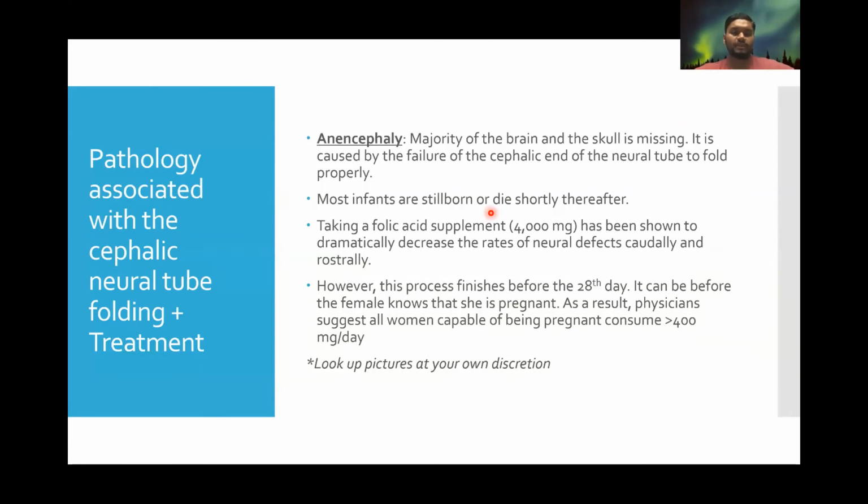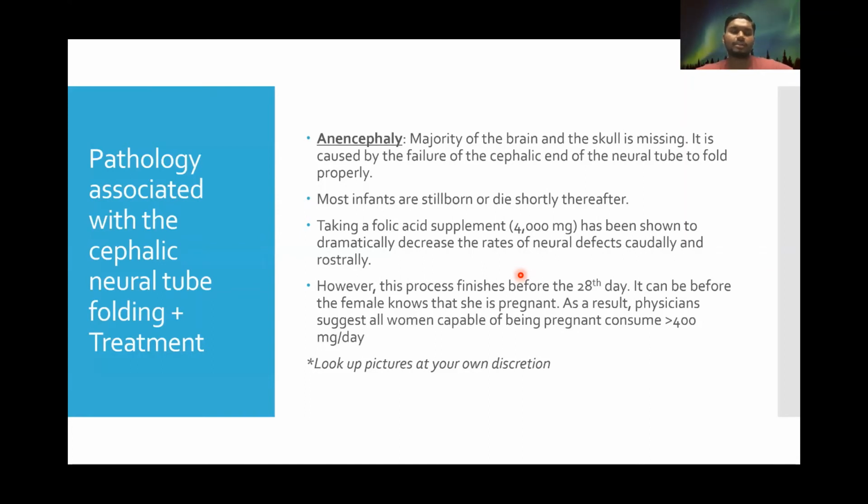Now, how do we prevent this? What is a treatment for neural tube folding pathologies? Well, in many studies, it was shown that taking a folic acid supplement, about 400 micrograms, has been shown to dramatically decrease the rates of neural tube defects, caudally or rostrally. Now, clinically, in the real world, the issue is that this process of neurulation finishes before the 28th day, before the first month.